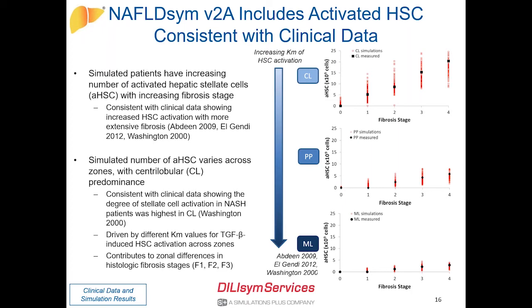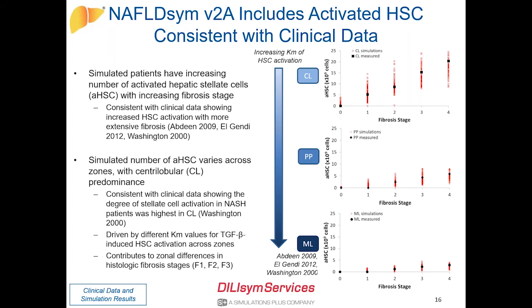And again, each of those are linked to the activation of stellate cells in those respective stages. I think, again, these figures nicely illustrate how the simulated population is capturing the full range of the data, as well as the unique aspect of the pathophysiology.